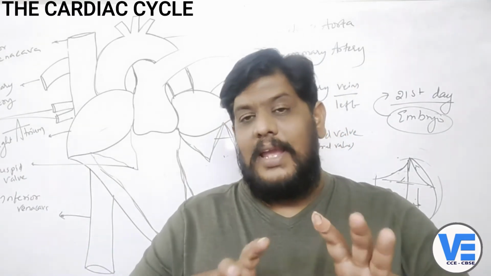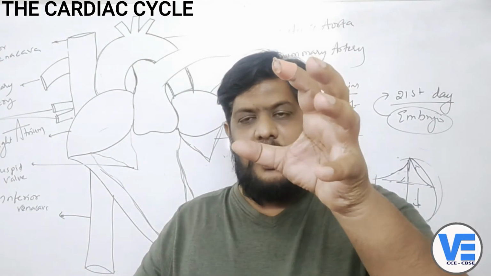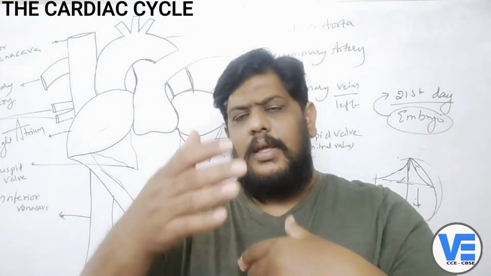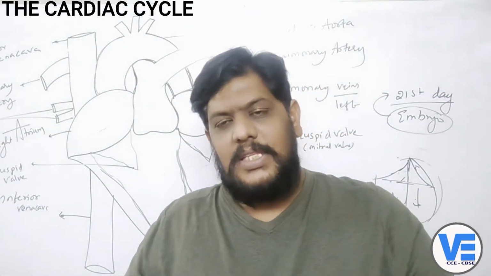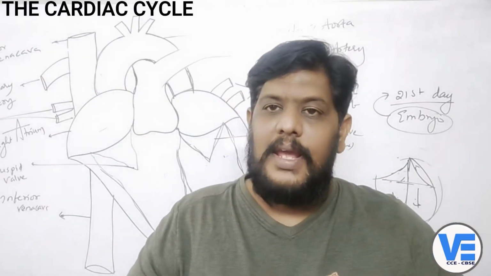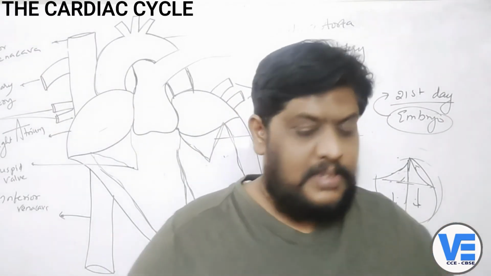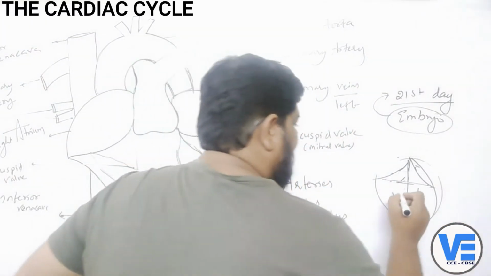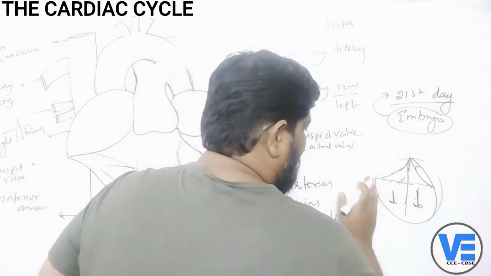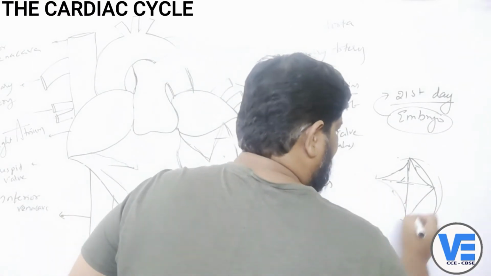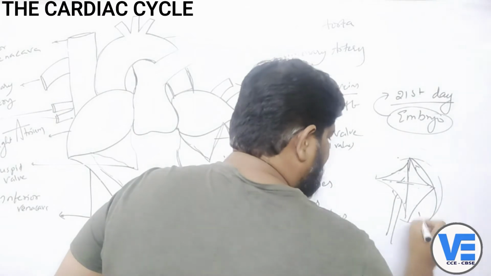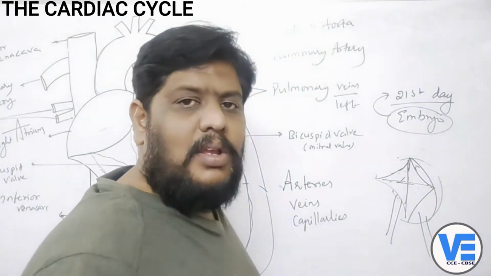In the contraction phase, auricles will contract and ventricles will contract. Auricles contract because they have to send the blood into the ventricles. The ventricles also contract because they have to send the blood into the blood vessels.